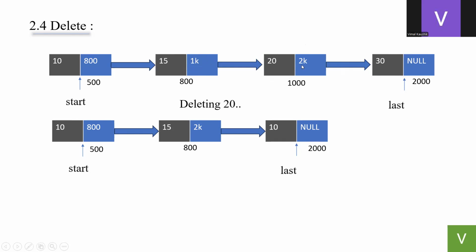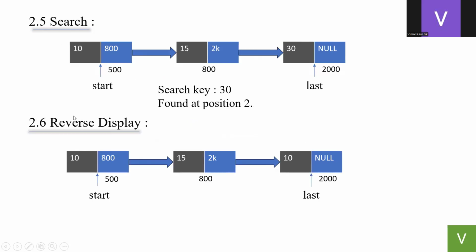That is, the address of 20 should be shifted to its previous node. So after deleting, we will have the elements 10, 15, and 30. 10 has an address of 800, whereas 15 has an address of 2k, and the last node will have an address of null. So this is the deletion operation.